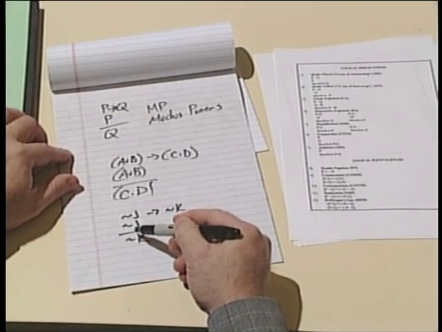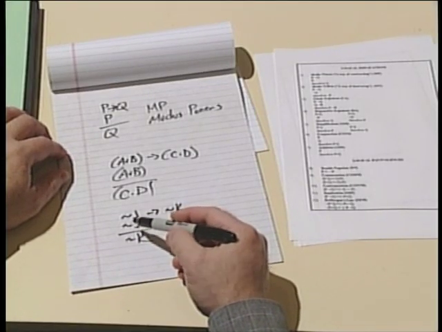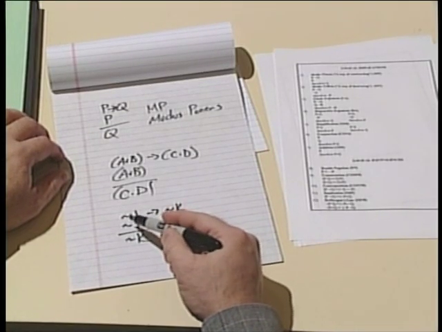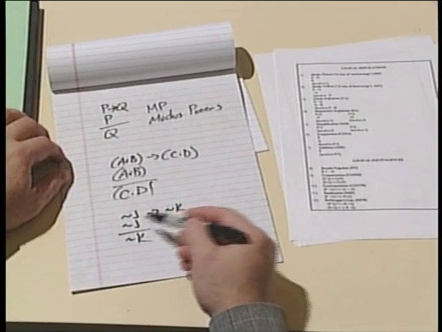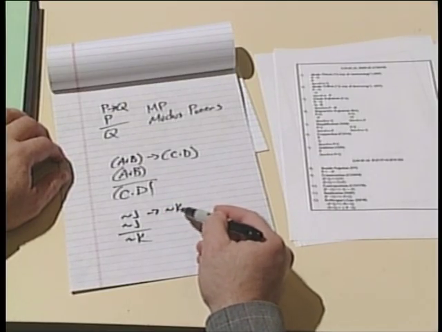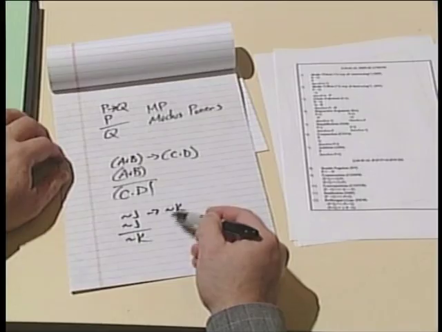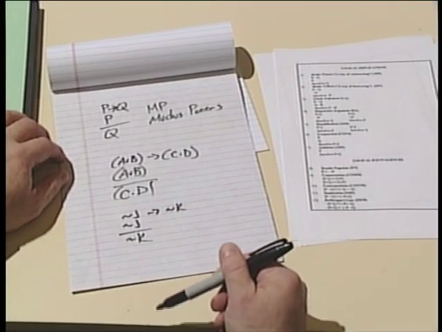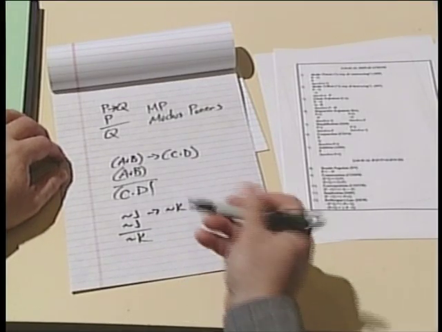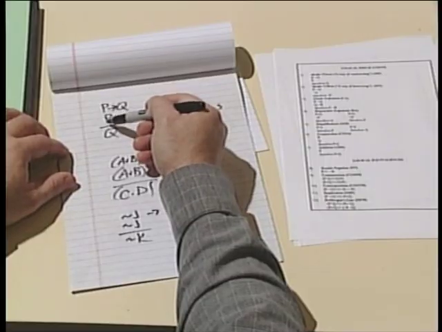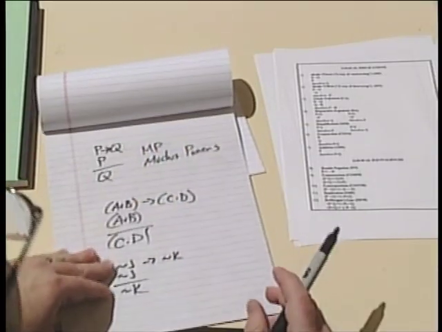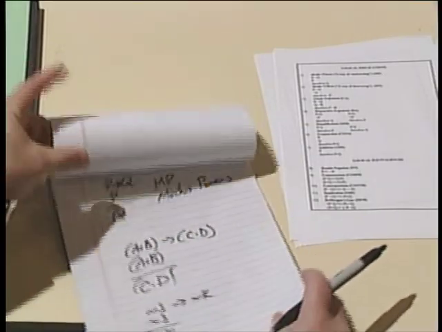The left-hand side needs to be affirmed, and the way I affirm the left-hand side of the arrow is to have not J. I then affirm the right-hand side of the arrow, which is not K, and that's what I get for my conclusion here. It has to be an affirmation of the left-hand side giving me the right-hand side.